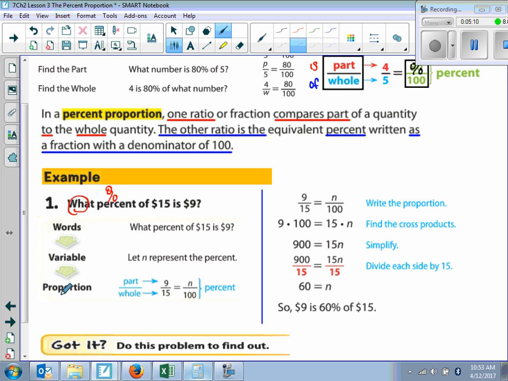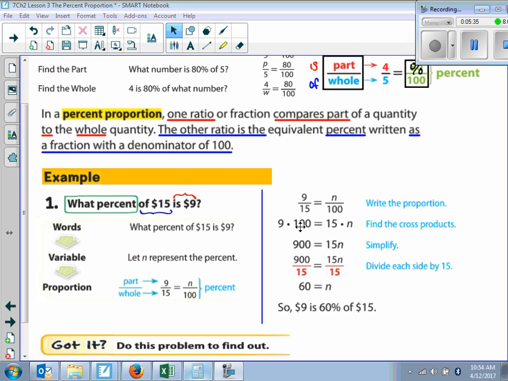And then we set up the proportion. When we set up the proportion, we know that the percent is what we're solving for. The of number is 15, and the is number is 9. So when we put it into the proportion, we're going to put the percent, which we don't know, as our variable. Oh, they used n. That's going to be our variable n.